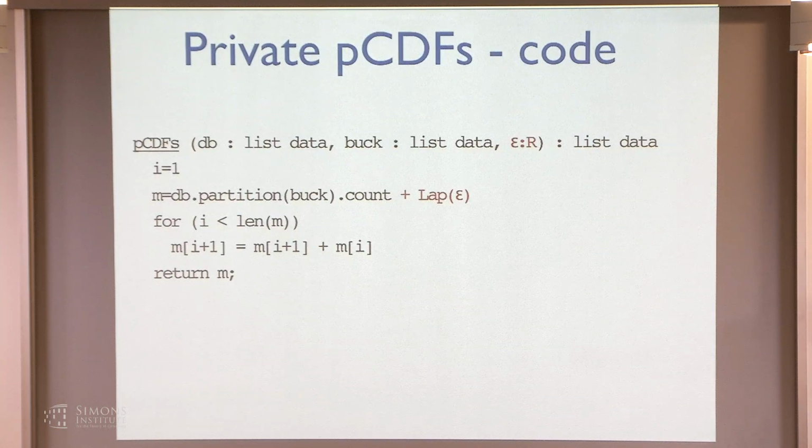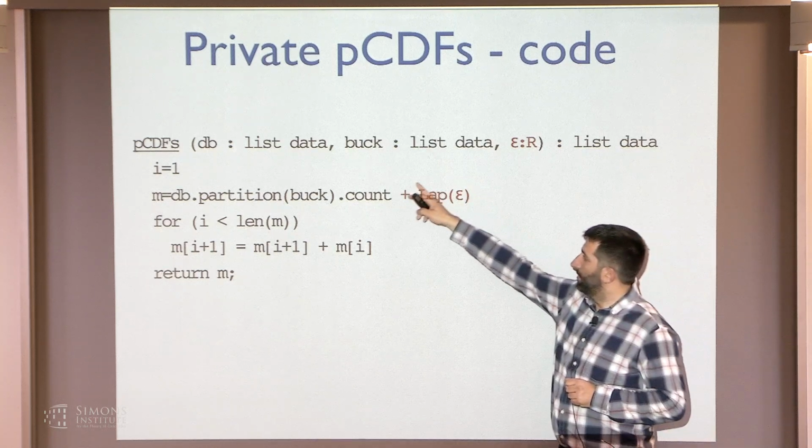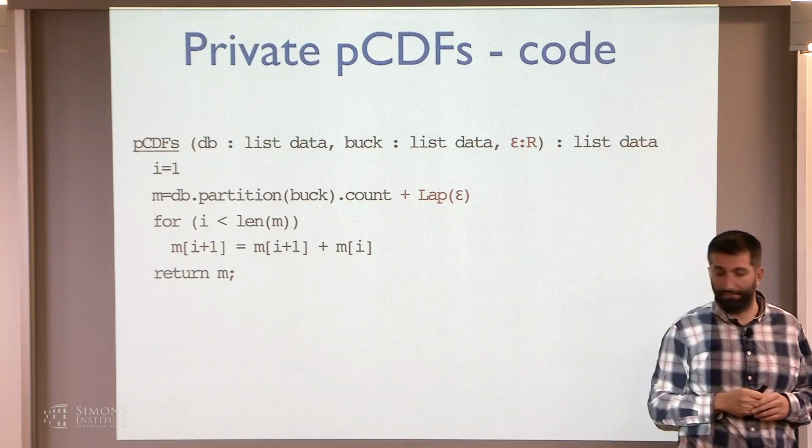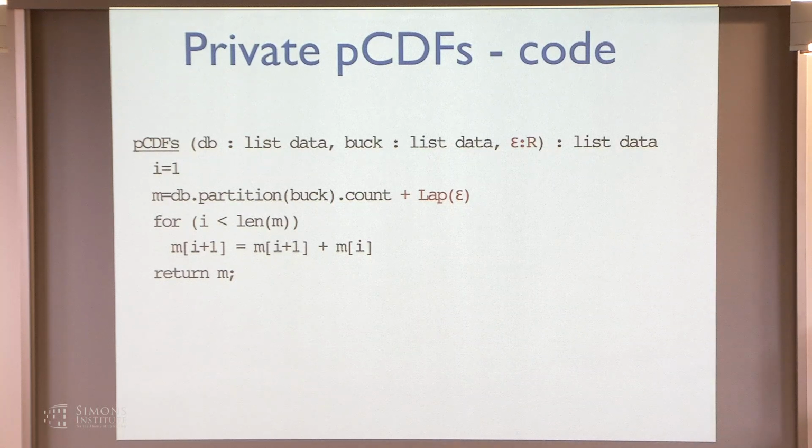So in particular here, we add the noise to this counter, and then we sum them up. The reason why I took this example is to show you that we could do a similar analysis using just sequential composition or using parallel composition.